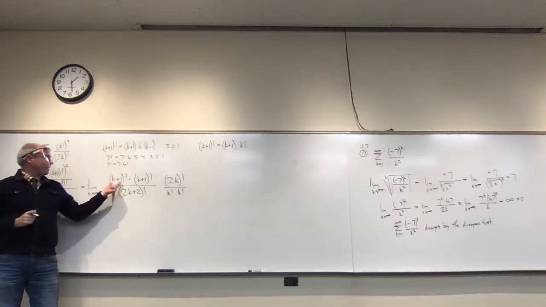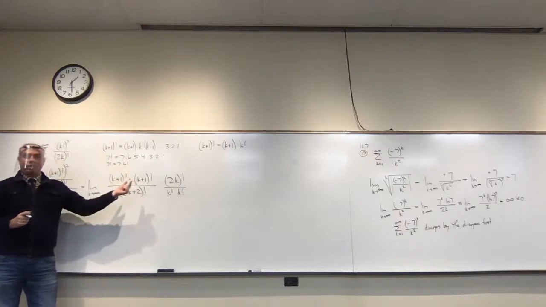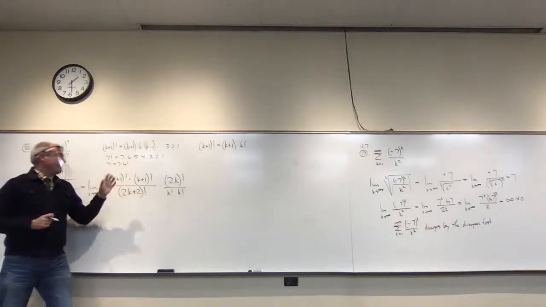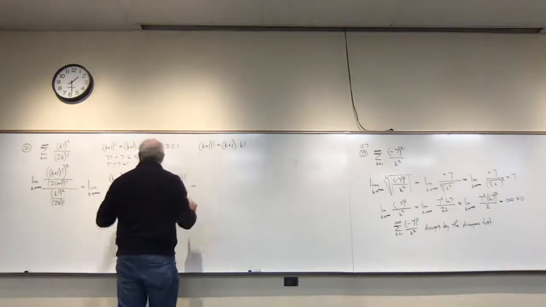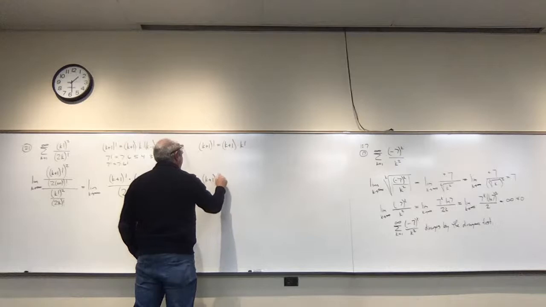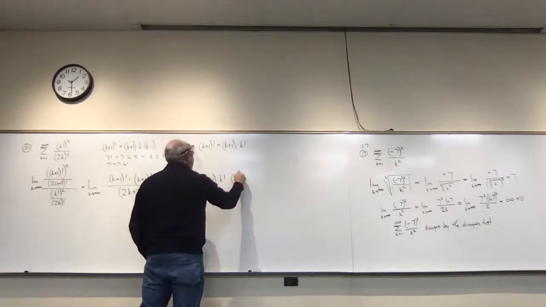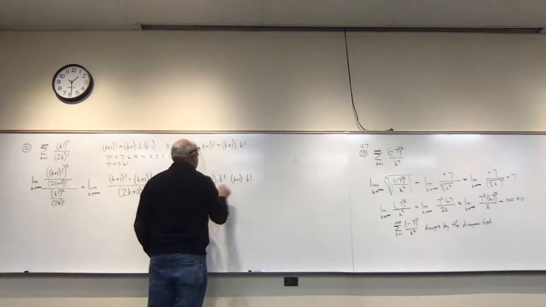So notice up here, this guy is k plus 1 factorial, which is k plus 1 times k factorial. To keep it very clear, I'll say this is k plus 1 times k factorial times k plus 1 times k factorial.